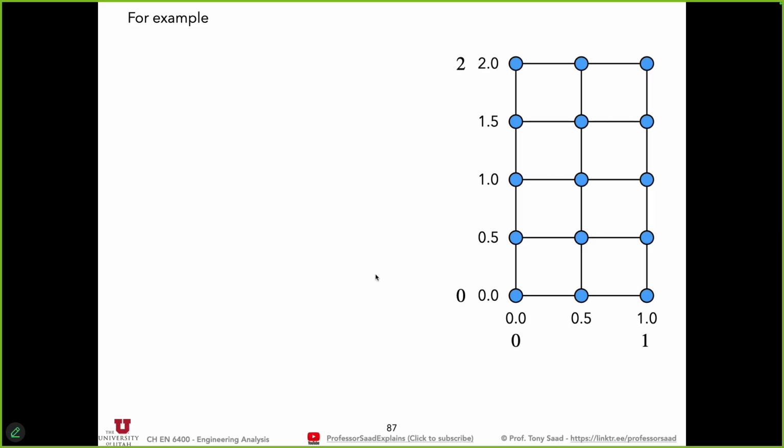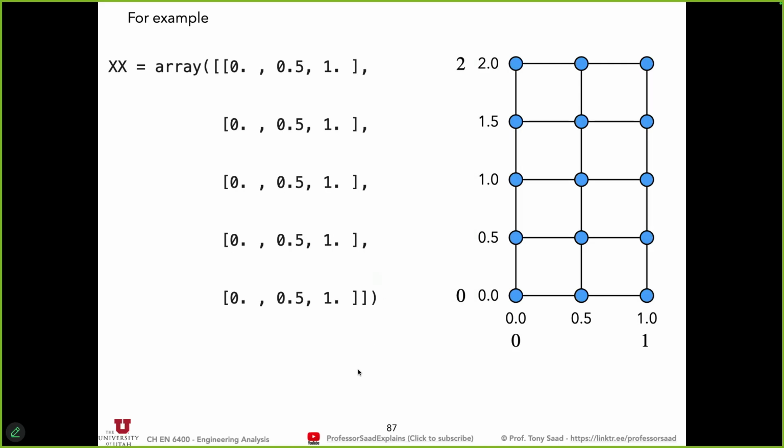If you do the numpy.meshgrid and print the x-axis array, it's going to look like this. It's all the x coordinates, 0, 0.51, repeated 5 times. Why 5 times? Because I have 5 points in the y direction. So this contains the x coordinates.